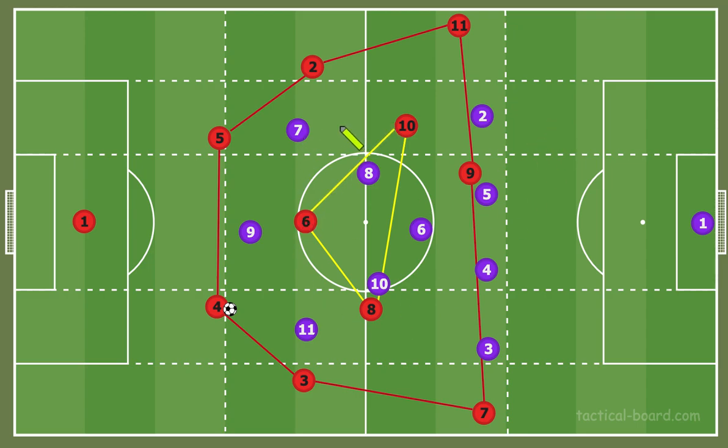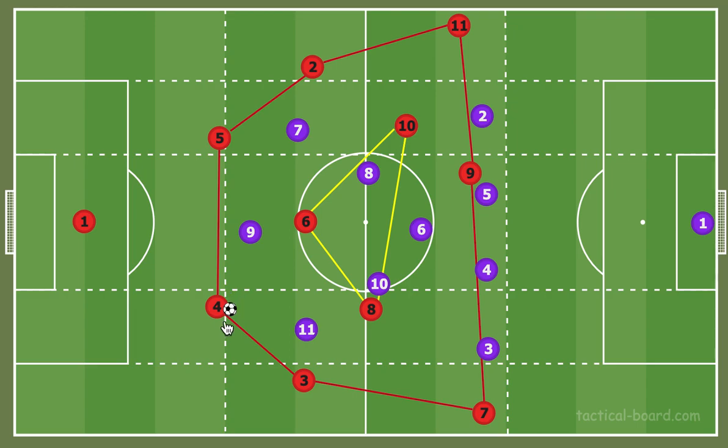So how does this relate to football and fluidity? You can think of it in two parts: the players controlling the height, the width, and the depth of the structure, and then players making these internal connections.